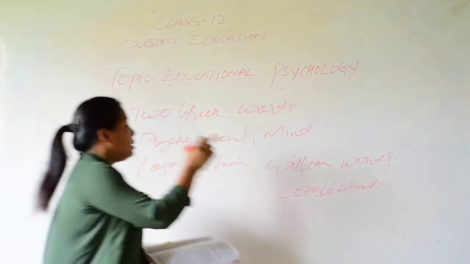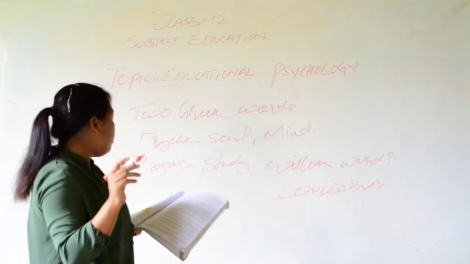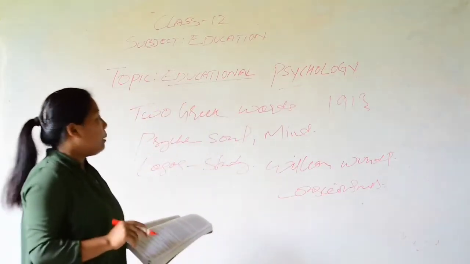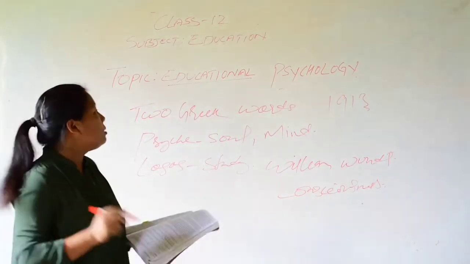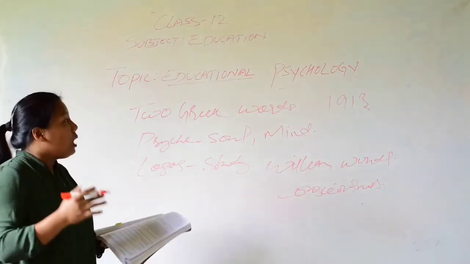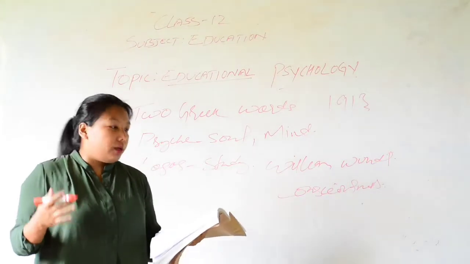So this definition was also rejected. After that, in the later years, in 1913, John B. Watson came up with the definition of psychology as the study of human behavior. And till now, we are considering psychology as the study of human behavior.